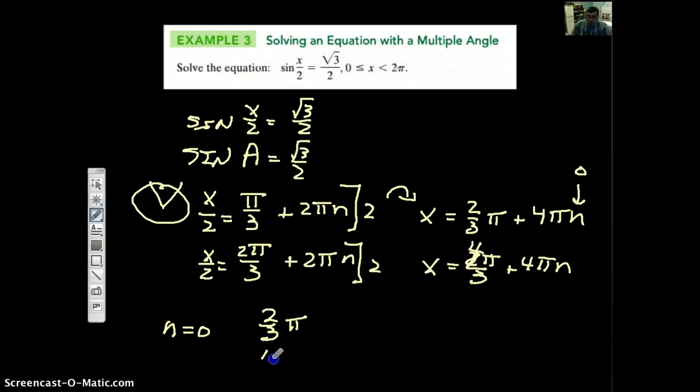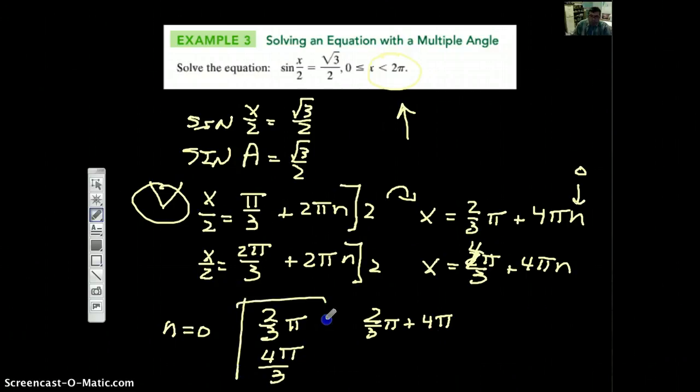So the other one would be 4 pi over 3, for the second equation. Now, if n is 1, notice I'm going to have 2/3 pi plus 4 pi. Now look, according to our directions, we can only go up to 2 pi. So we are going to stop right there where n is equal to 0, and these are my two answers.